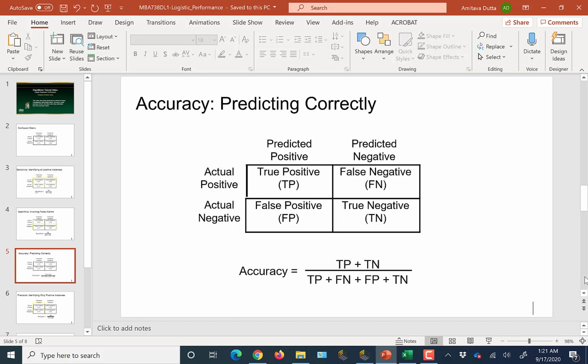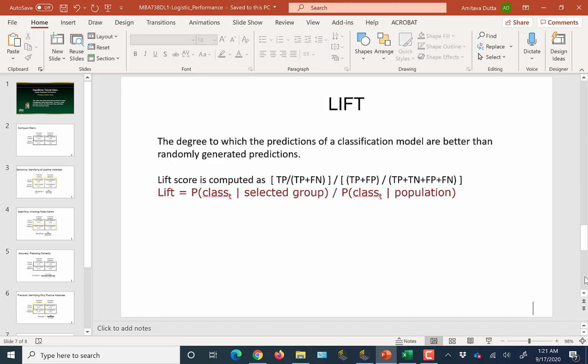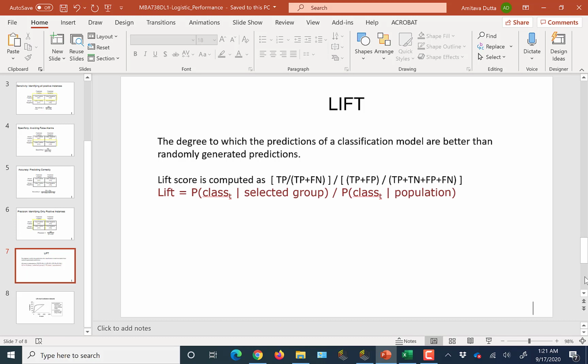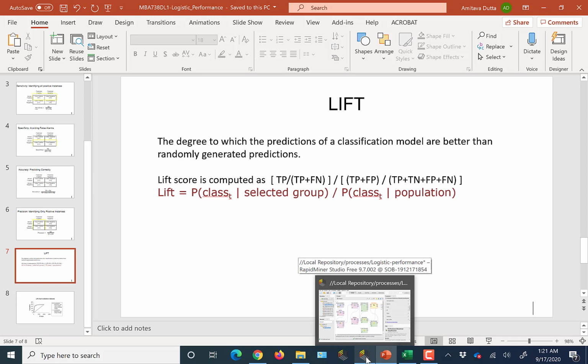By the way, I'll come back later on and discuss the lift performance metric in a little more detail. For now, let me jump quickly to RapidMiner and show you how these metrics are computed.